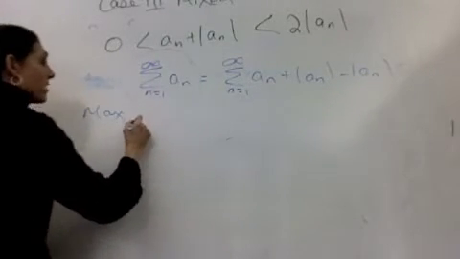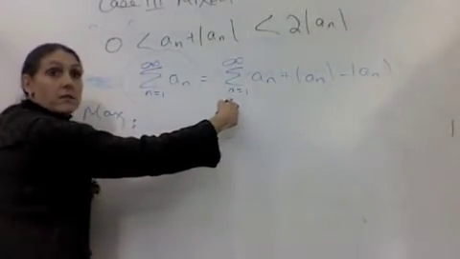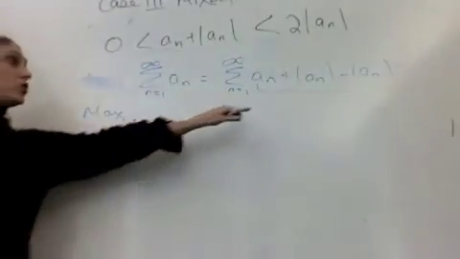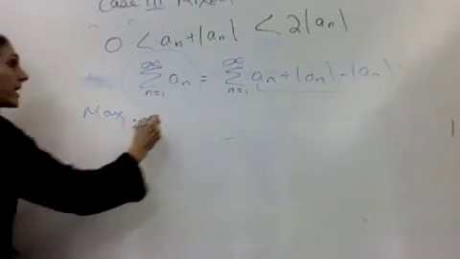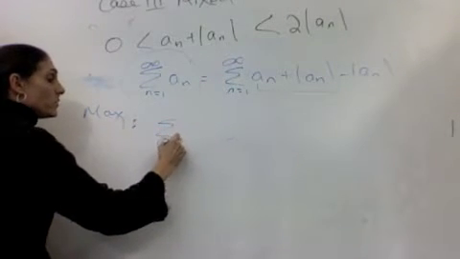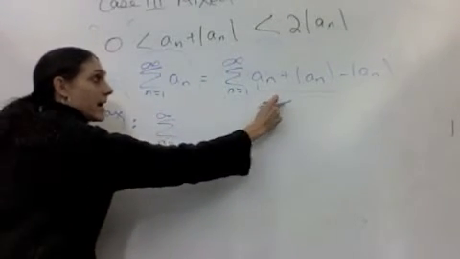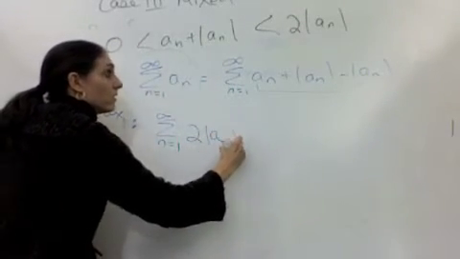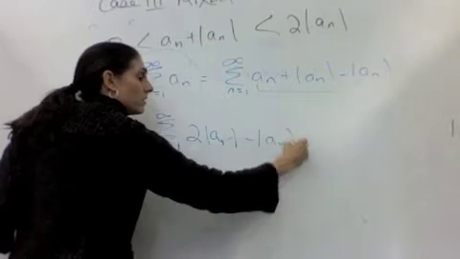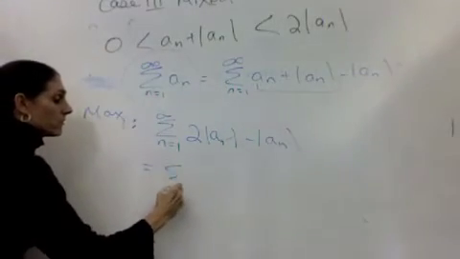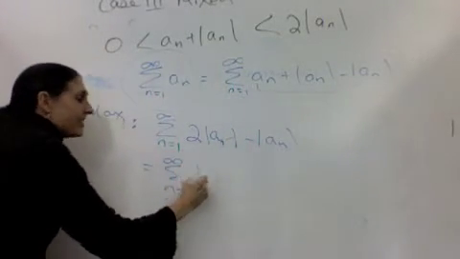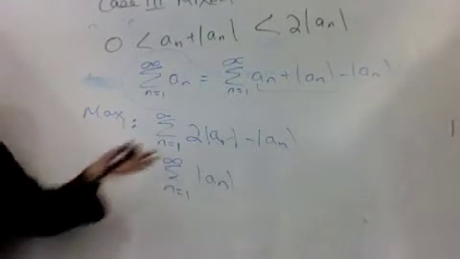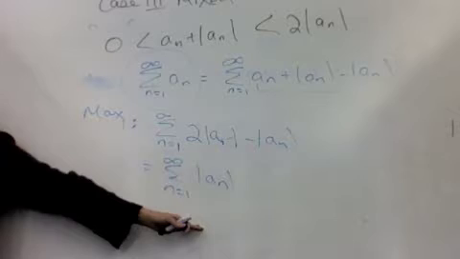Well, to figure that out, I'm going to use this. If these two are positive, I get the absolute value of these, which equals, I mean, that makes sense to me. I hope it makes sense to you. If they're all positive, if you add them all up, you get the absolute value. That's the most it can be.